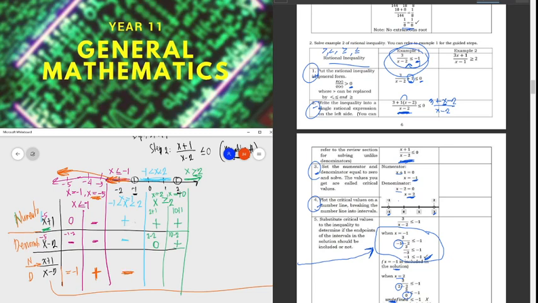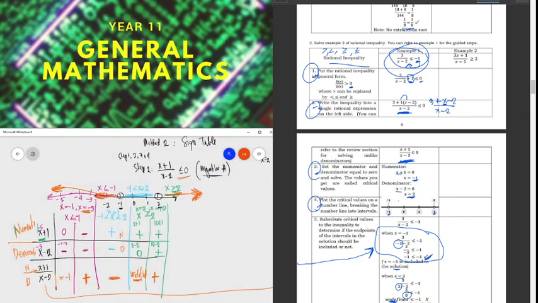Remember, this is the numerator, this is the denominator. Next, since the denominator is 0, therefore we can have it as undefined. This is not included, that's why it is undefined. How about this one? If x equals 10, 10 represents here, going to the right, positive numbers greater than 2. So, positive divided by positive is positive. Now, go back to this one.